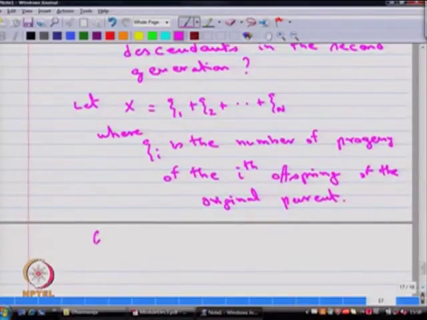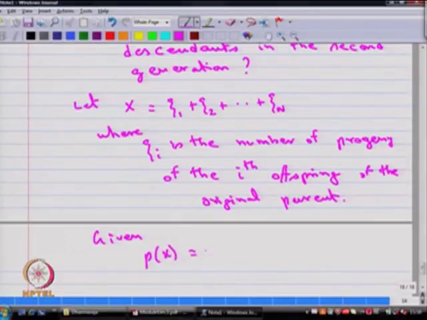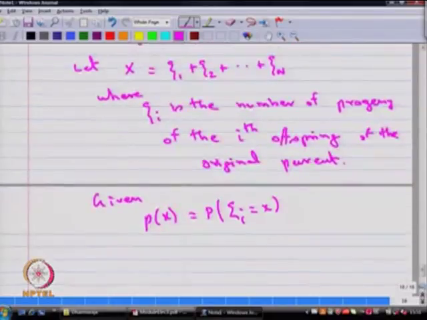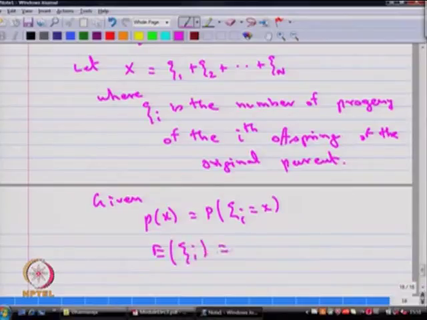Given the p of x is nothing but the probability mass function for the random variable psi i's, and also the expectation of psi i's is equal to mu, and variance of psi i's is equal to sigma square. Psi i's are IID random variables.